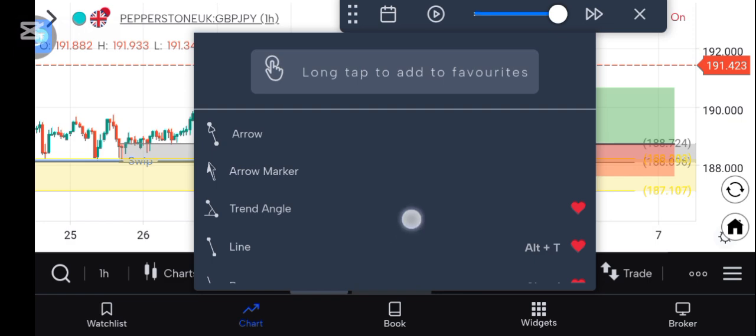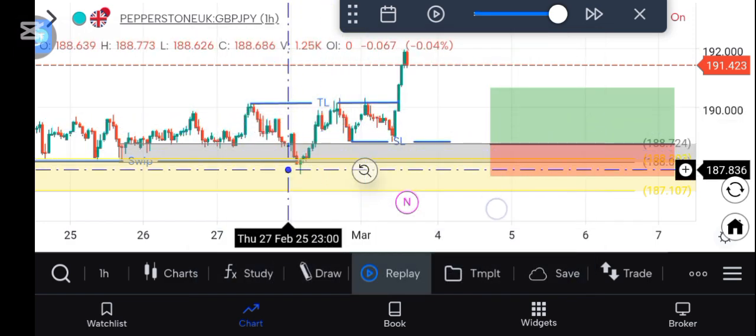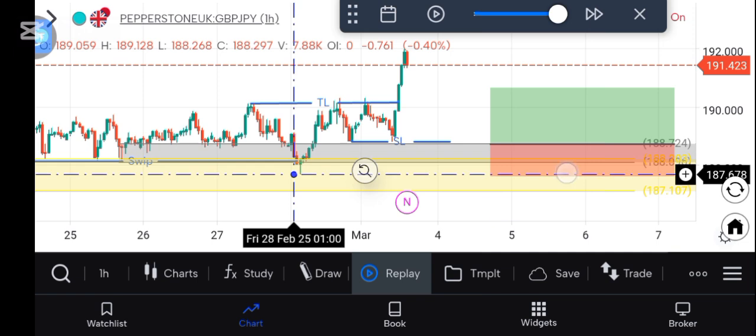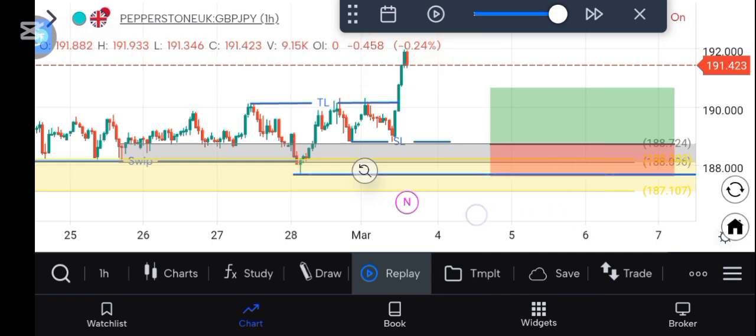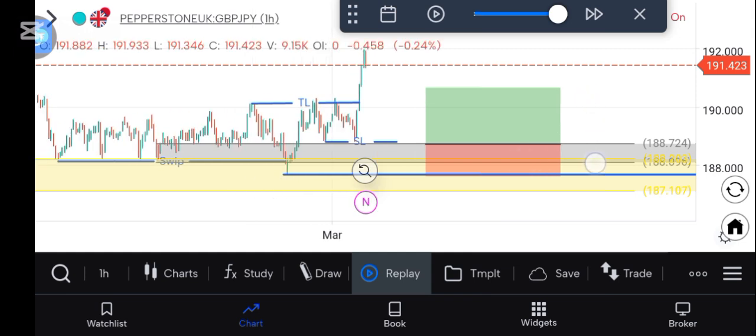Let me put this on horizontal so that you guys can see. He put his SL at that low and gave it a little breathing room. Please don't tighten your stop loss, because we want to get one.